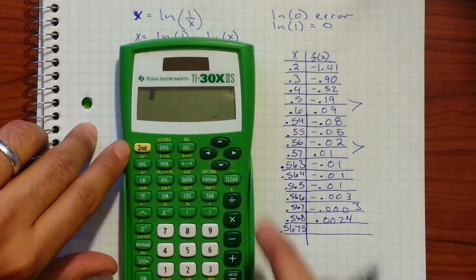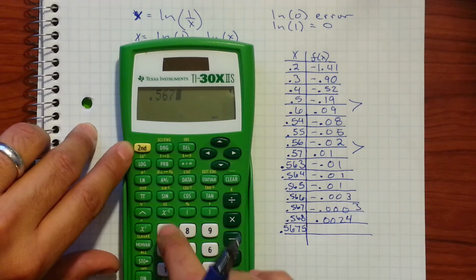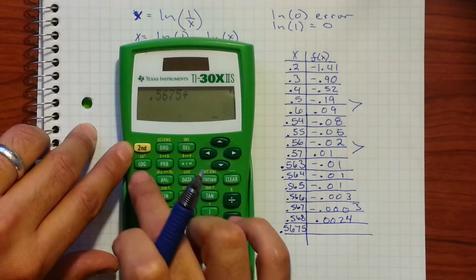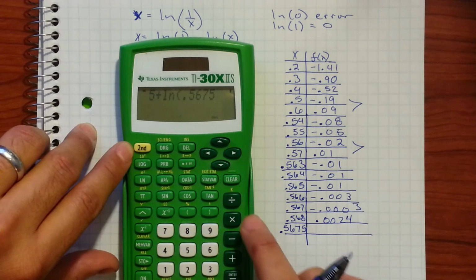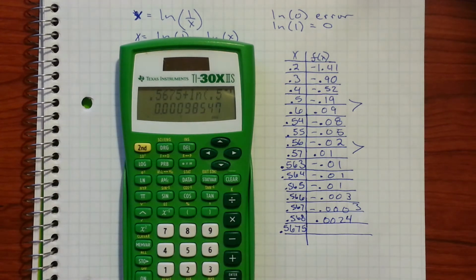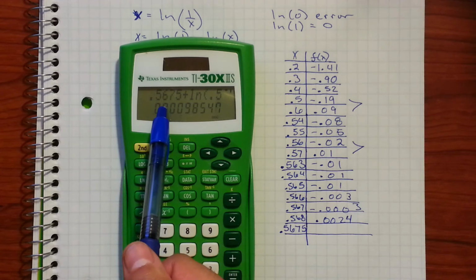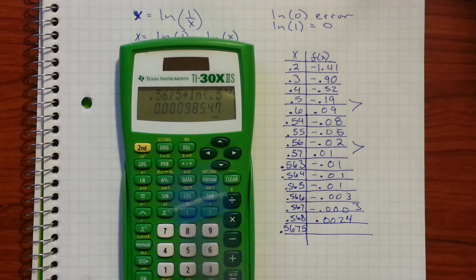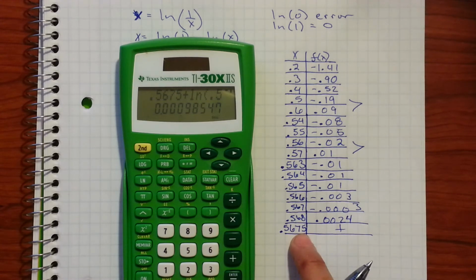So I'm going to have 0.5675 plus ln 0.5675. Enter. So right here, this one's going to be a positive. Since I actually have a positive here, that means that it is over. So that means it's going to be less than that. If it's less than that, that means it's probably a 4 or below.